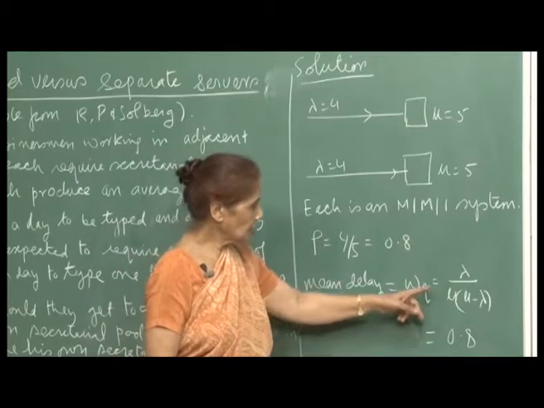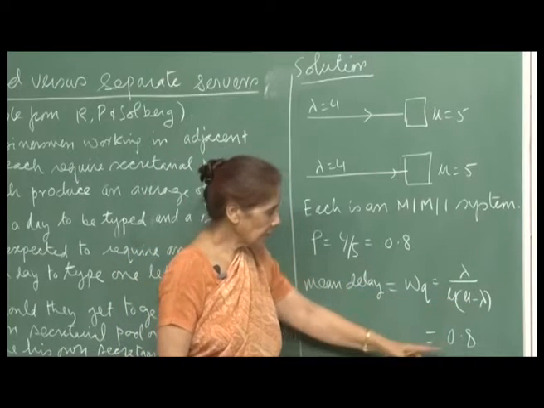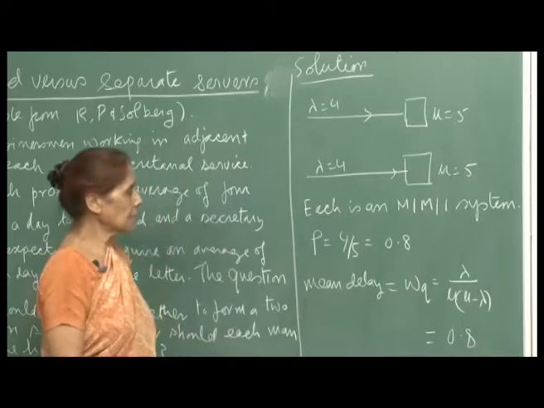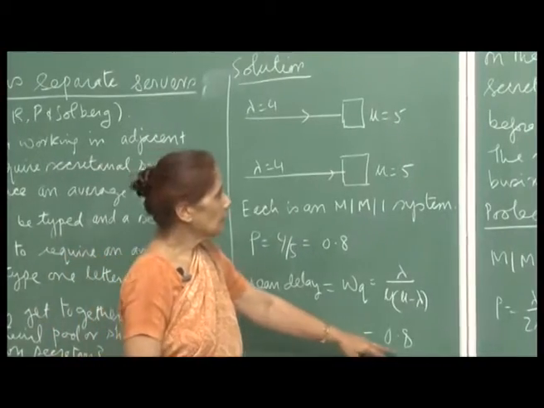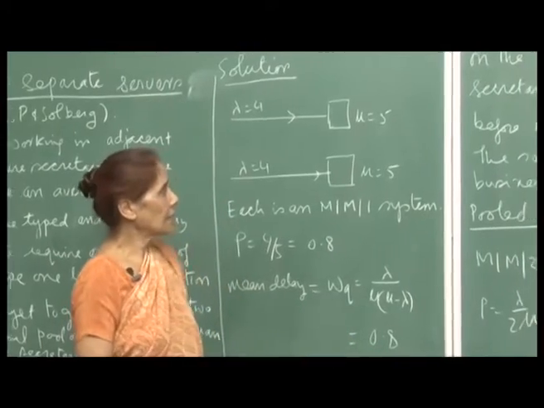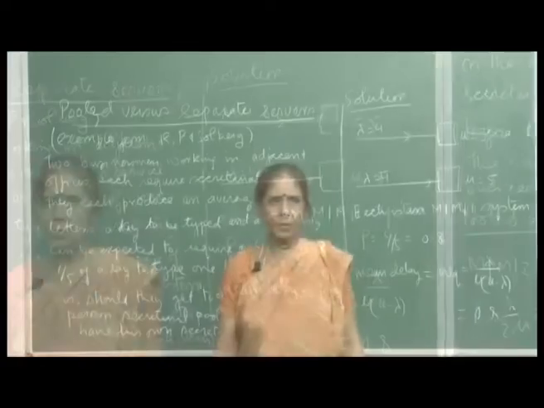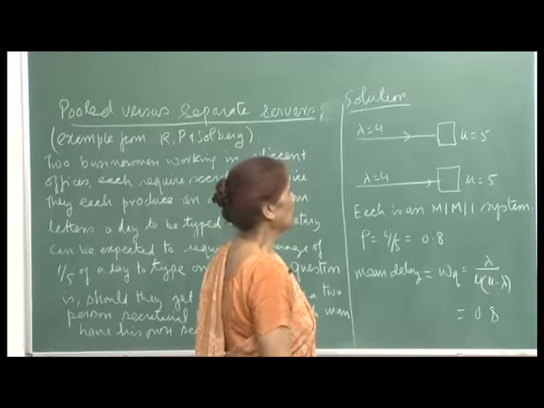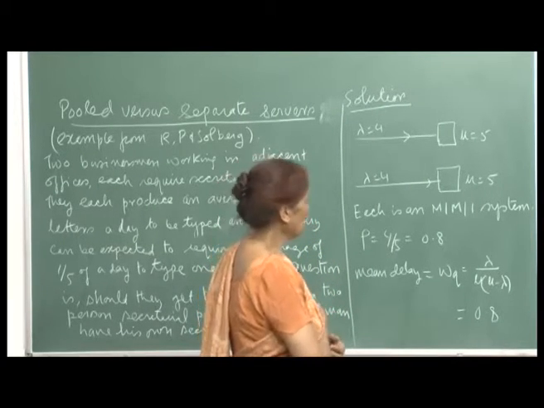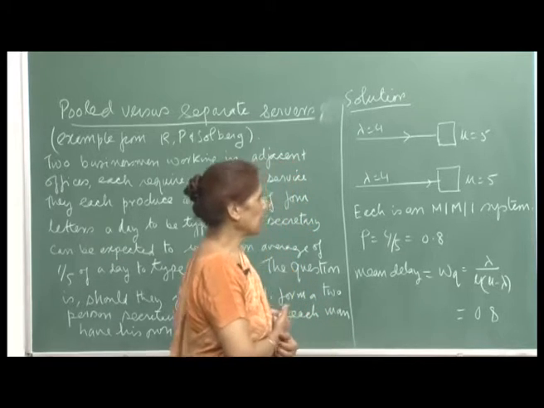So, Wq is lambda upon mu into (mu minus lambda), which is 0.8. That means on the average a letter will sit for 4/5 of the day on the secretary's desk before typing begins on that letter. So, the mean delay is 4/5 of the day.